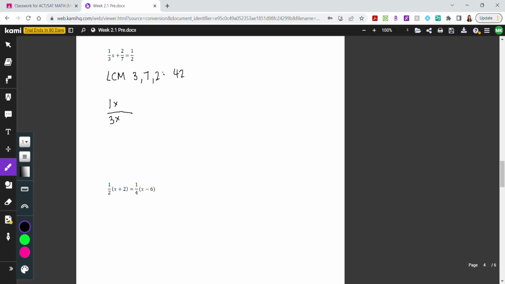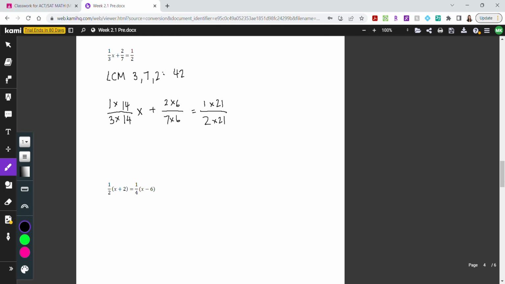So 3 times 14 is 42, and I'm going to write my x here, plus 7 times 6 will equal 42, equals 1 times 21, 2 times 21.